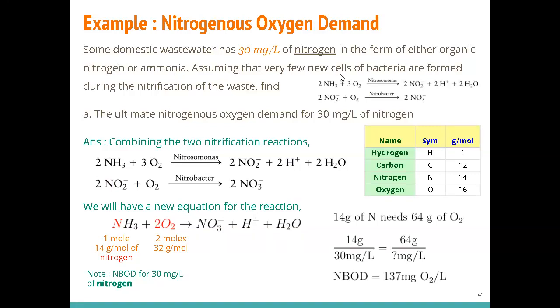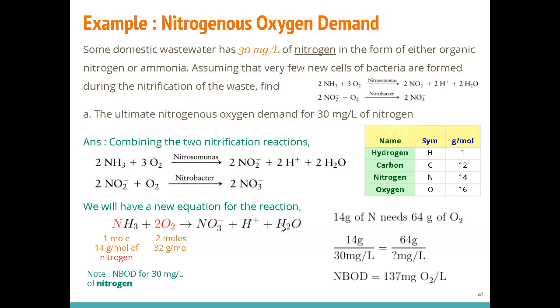Assume very few new cells, so the nitrogen is not used by the bacteria to build new tissues, and they decompose it all. Assuming this is the case, find the ultimate nitrogenous oxygen demand for this wastewater containing this amount of nitrogen. Now we combine the two chemical equations.